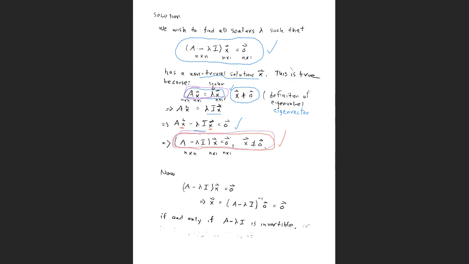And that's why I said we wish to find all scalars lambda, all eigenvalues, such that A minus lambda I times the vector X equals the 0 vector. But the scalars have to be such that the vector X is a non-trivial solution to this matrix equation, because X is an eigenvector, and the eigenvector is not equal to 0.